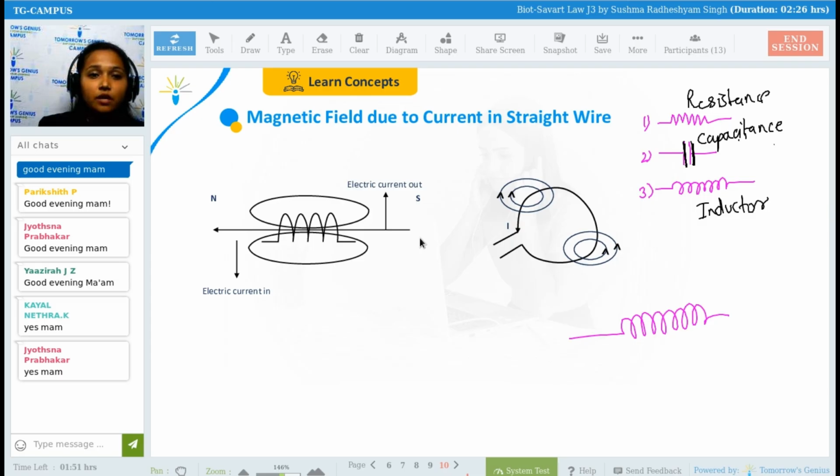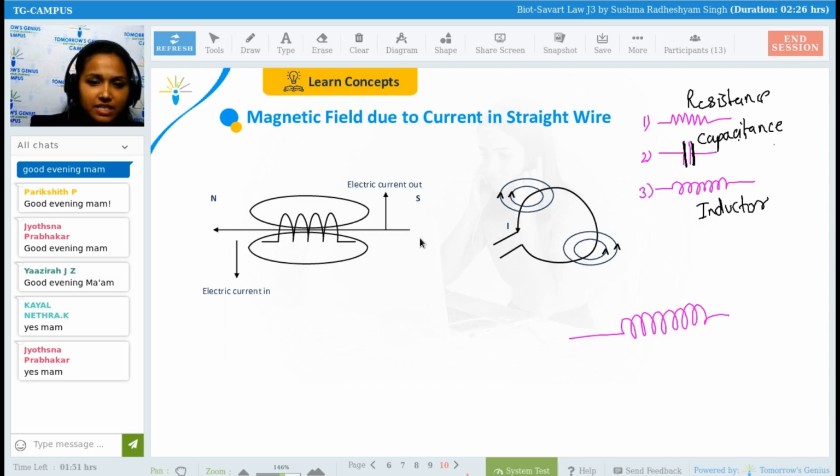You have seen in AC circuits that we use an inductor, because our inductor is an active component whereas our resistance is a passive component. Getting it? So at that time we use our inductors.